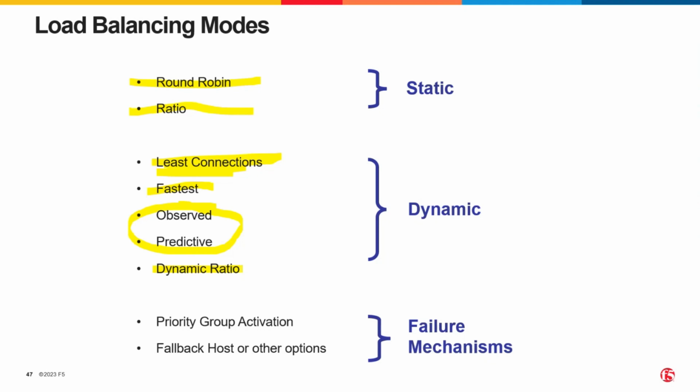So it actually requires us to install some agent on the backend server, but it allows us to send the traffic to the lowest loaded server, right? Because we know that a specific server has, I don't know, CPU over 60% or 70%. I don't want to send the traffic to that one. I will prefer the one that has lower than 30, for example. So this is how we can use dynamic ratio. And those are load balancing algorithms.